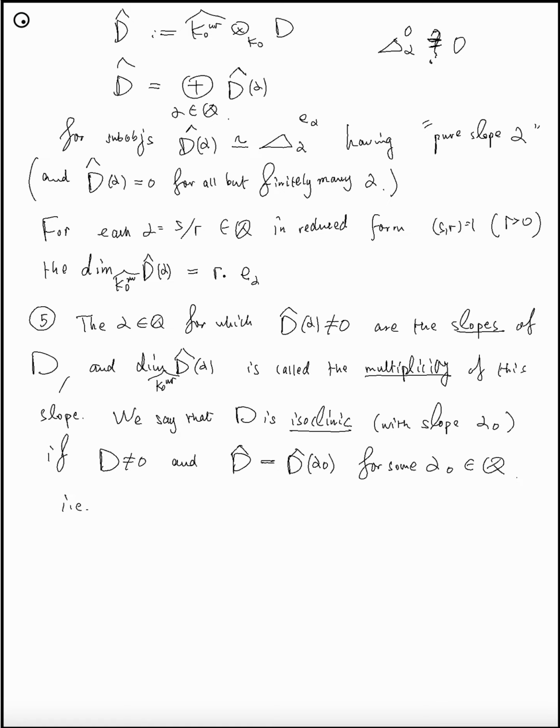In other words, D hat is isomorphic to the power of this building block for some bigger level. So I really suspect this is by convention defined to be 0.